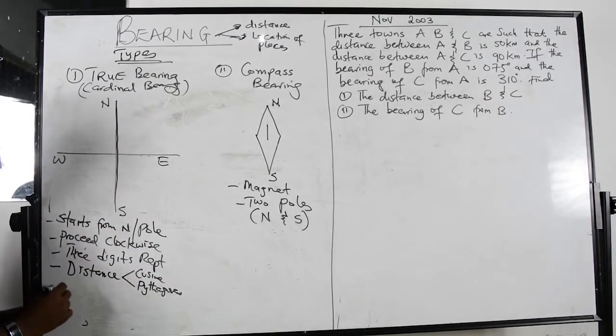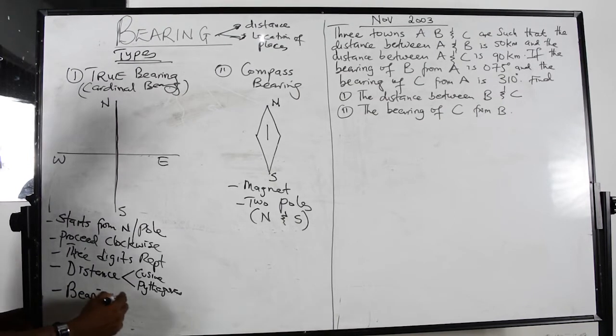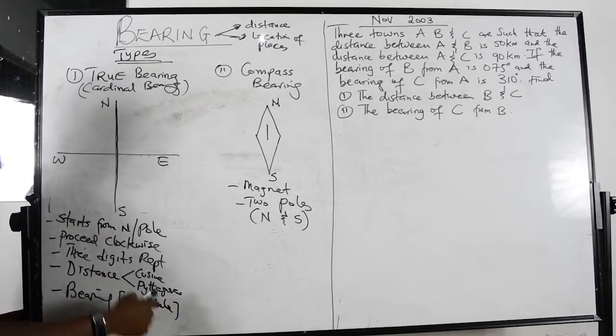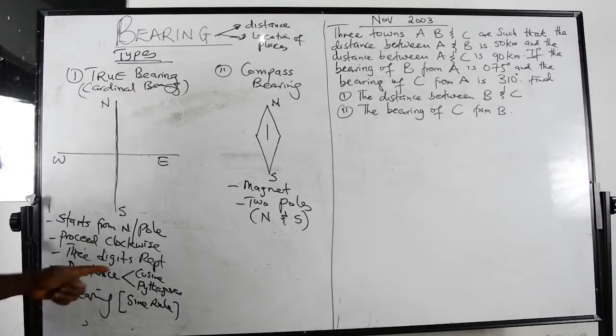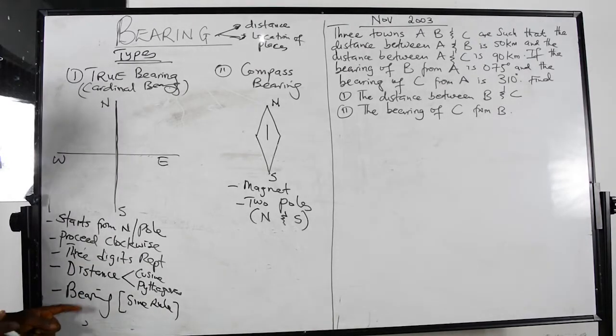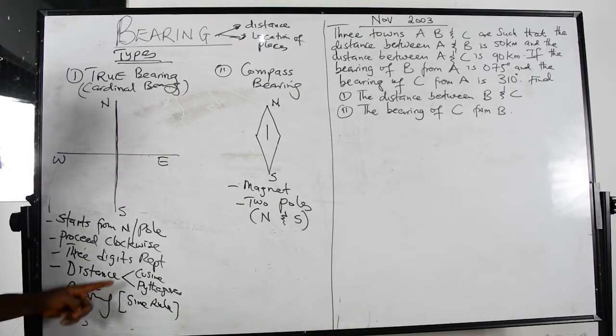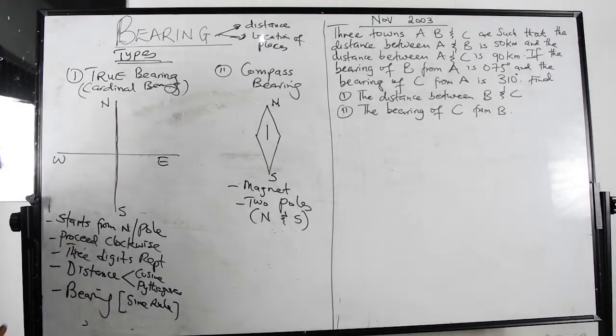And if you want to find the bearing of a place, you can also use the sine rule, or you can use the cosine rule if you want to find the angle. So bearing is actually about finding the angle. We can use sine to find angles, we can use cosine to find angles. We can even use the normal sum of angles in a triangle, and we'll find the angle of the bearing.